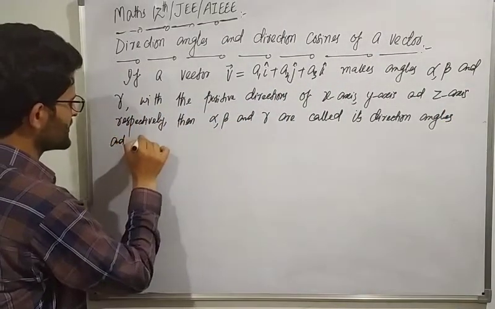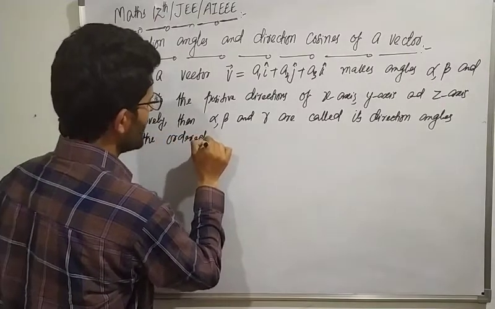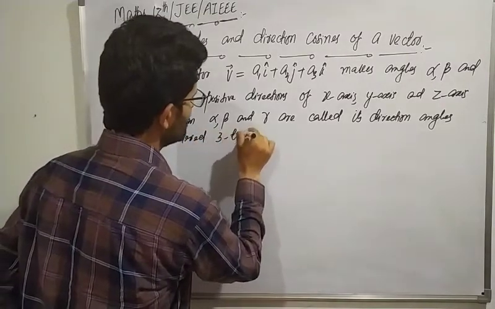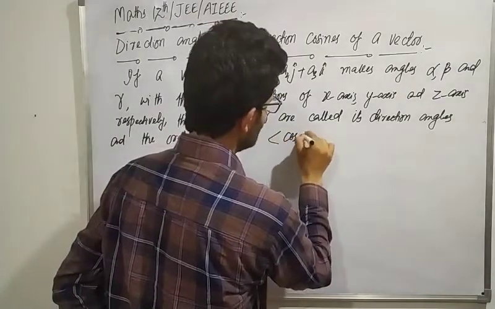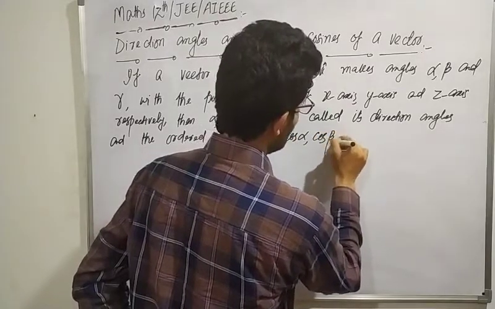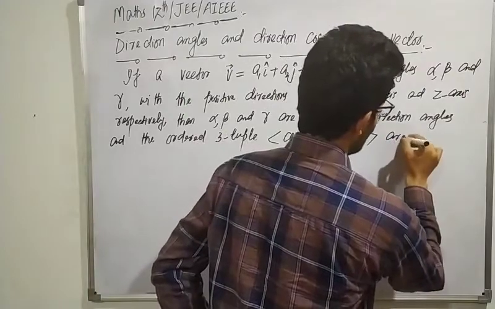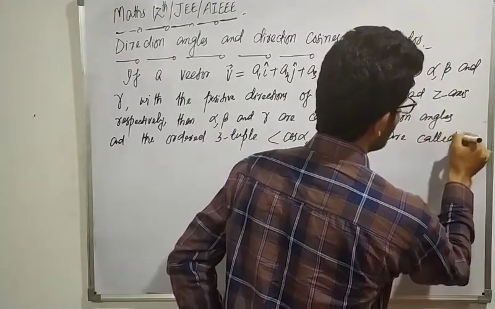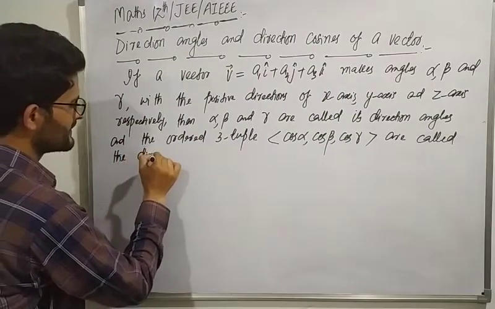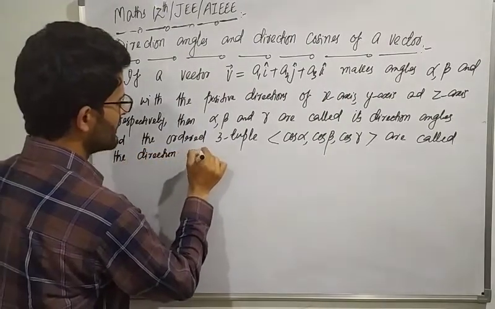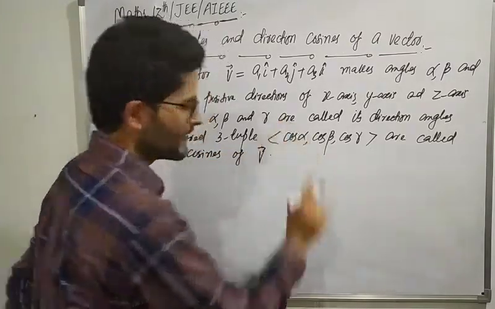and the ordered three tuple cos alpha, cos beta, cos gamma are called the direction cosines of vector v.